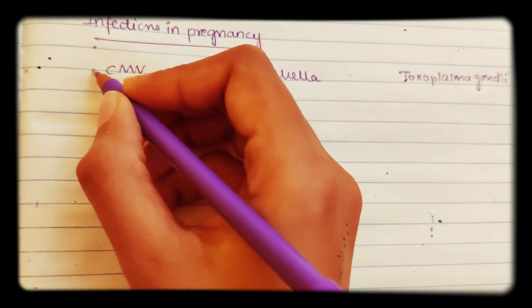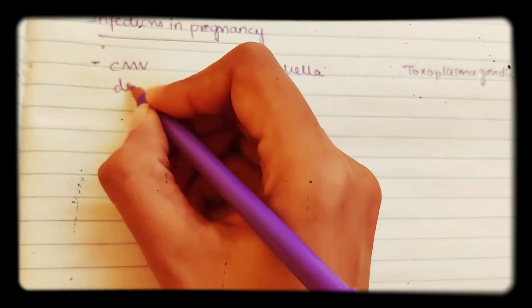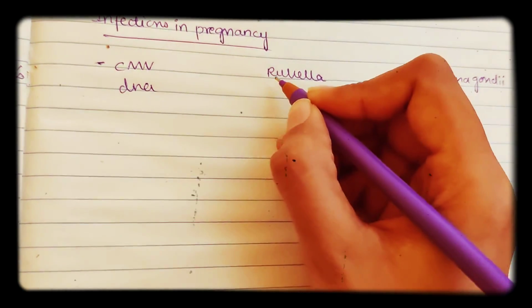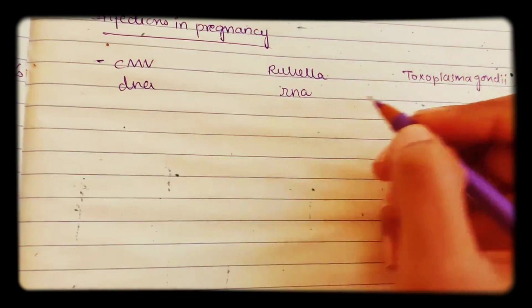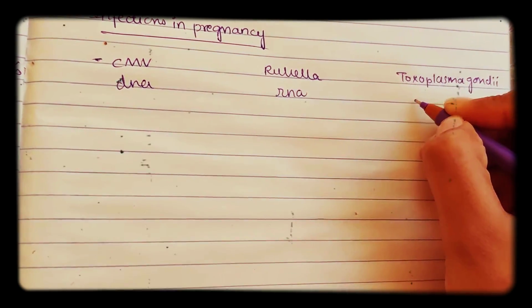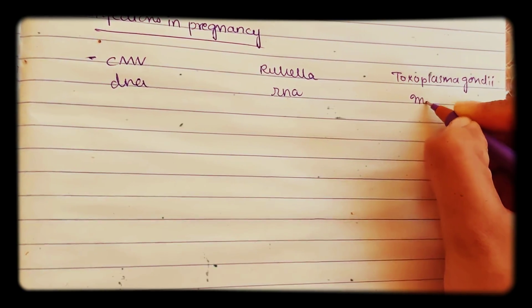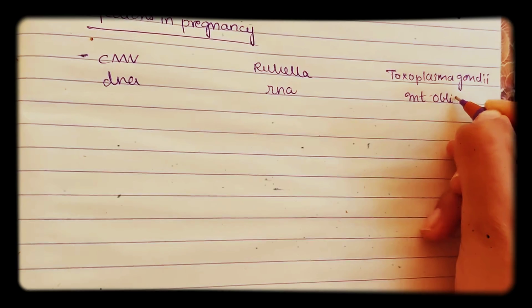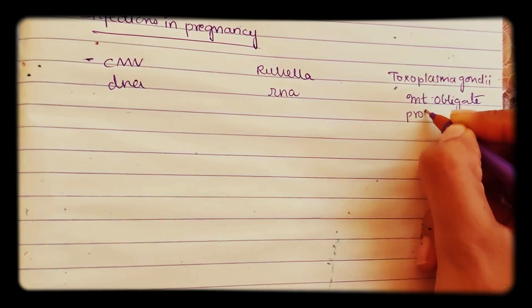So what is the causative agent for cytomegalovirus? Actually, cytomegalovirus is a DNA virus, whereas rubella, R for R, is an RNA virus. Whereas Toxoplasma gondii is an intracellular obligate protozoan parasite.